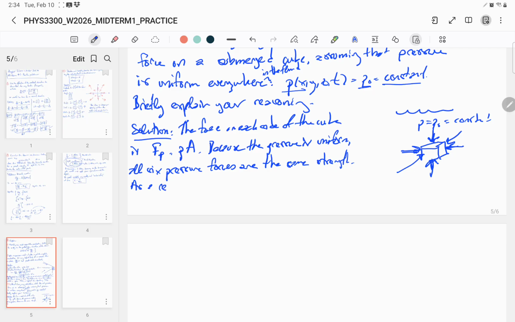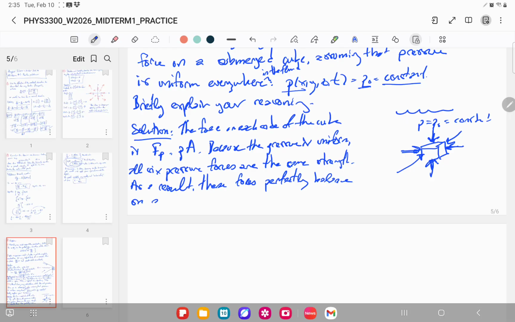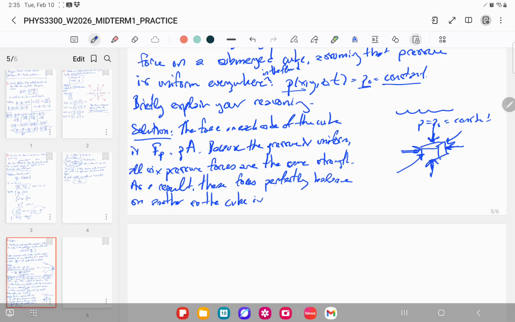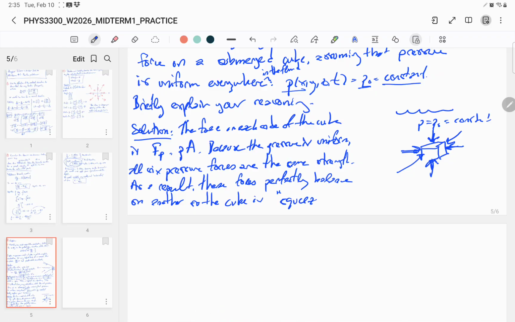As a result, these forces perfectly balance one another. So the cube is squeezed, but the net force is 0. In this case, we don't need to do any explicit calculations, just based on symmetry considerations, we know that the net force is going to be 0.